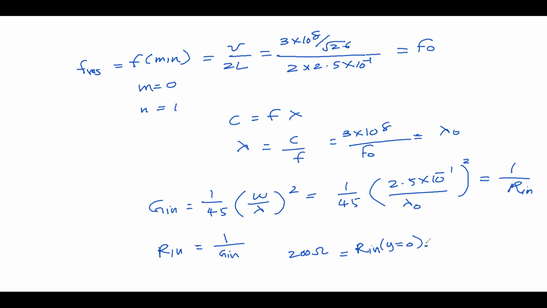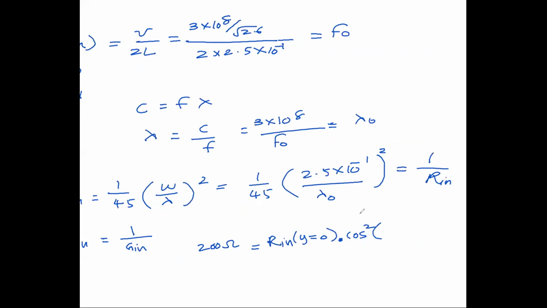And using the cosine function, I'm basically substituting the values of the impedances of the antenna and the feed line into the equation that has already been given in the question. So this is the equation that has been given to us. What we need to do is just substitute the impedance value of the antenna in this position and substitute the value of the impedance of the feed line in this position, right?